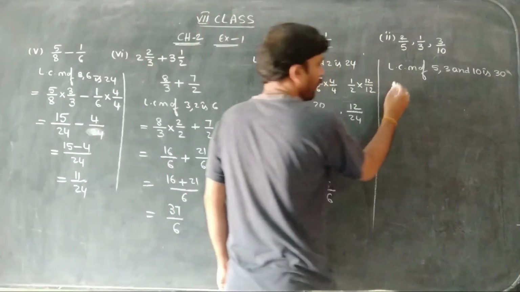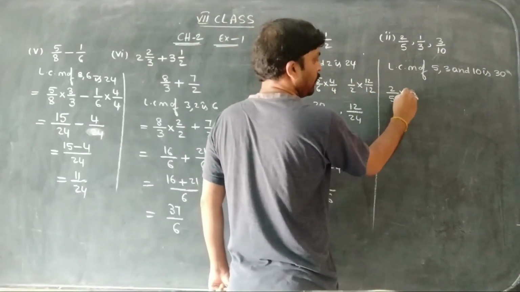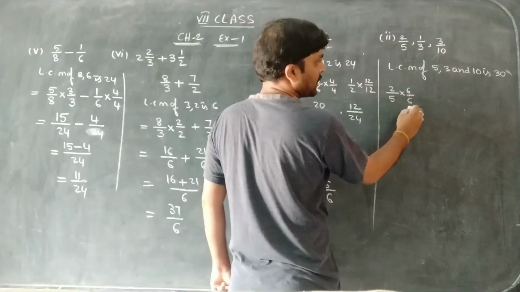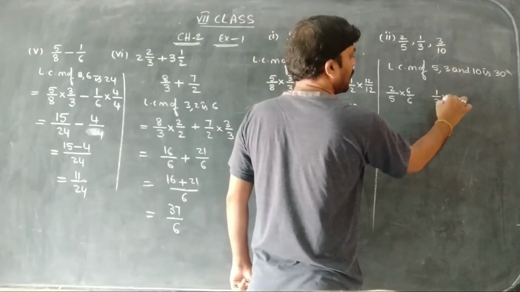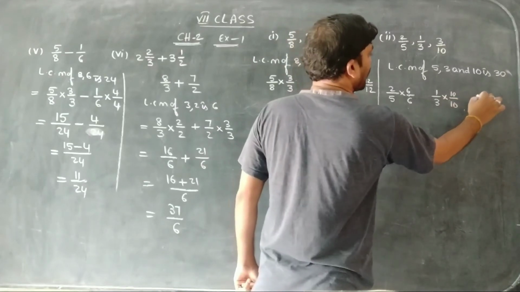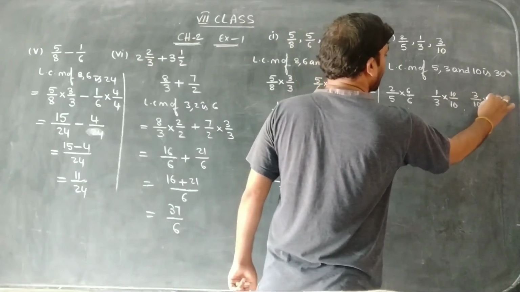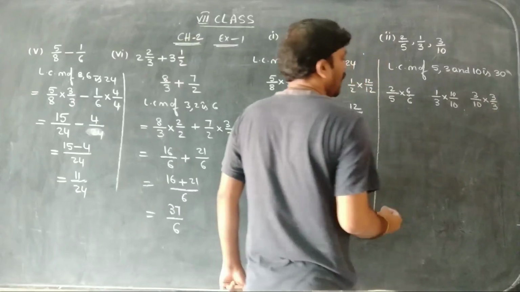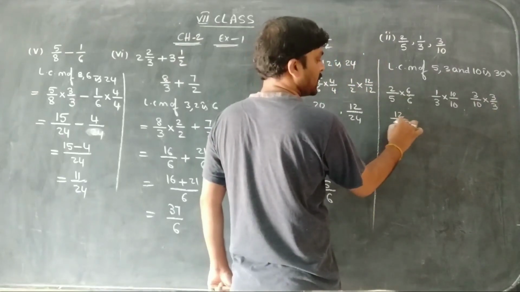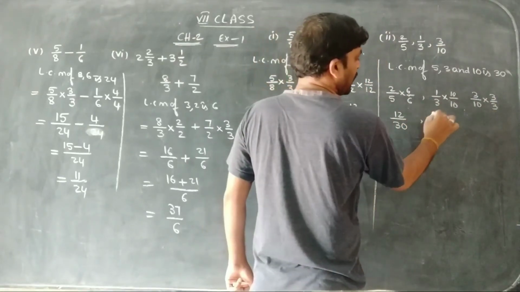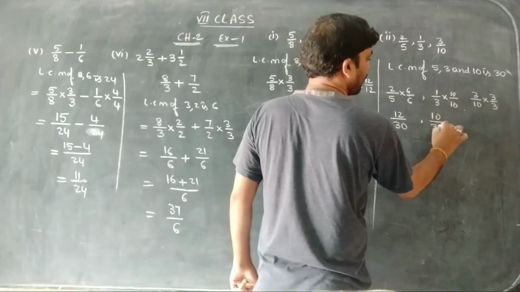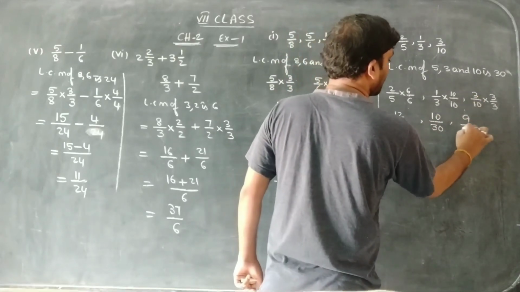Okay, now 2 by 5 into 6 by 6, 1 by 3 into 10 by 10, 3 by 10 into 3 by 3. 2 6s are 12, 5 6s are 30. 10 by 30. 3 3s are 9 by 30.